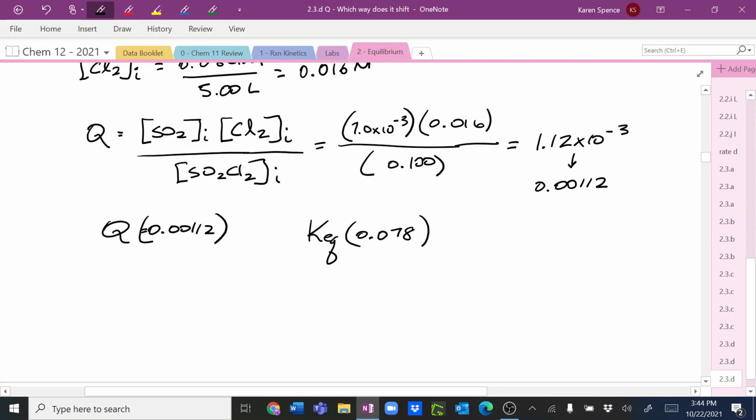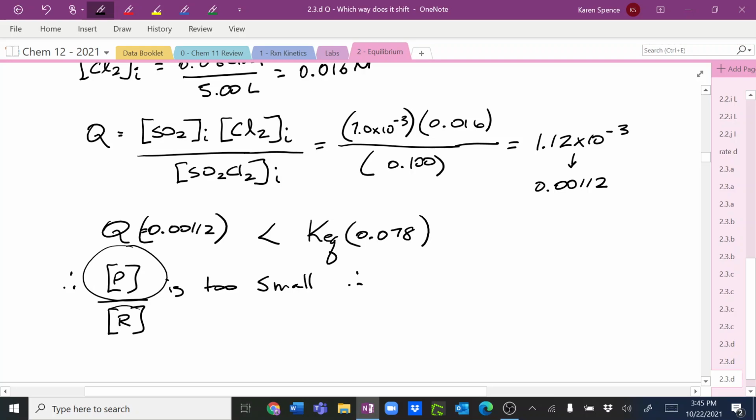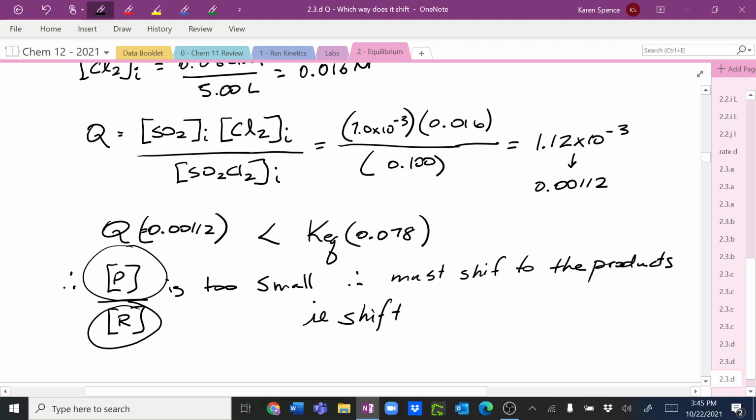And that tells us that Q is smaller than KEQ. Therefore, the ratio of products to reactants is too small. Therefore, we need to shift to make this number bigger. So we want more stuff in the numerator and less stuff in the denominator. Therefore, we must shift to the products, i.e. shift right.